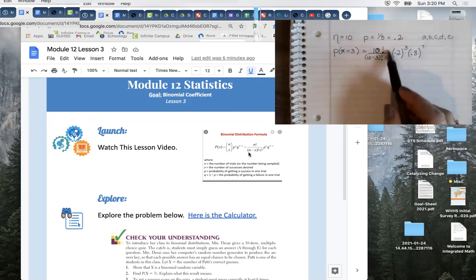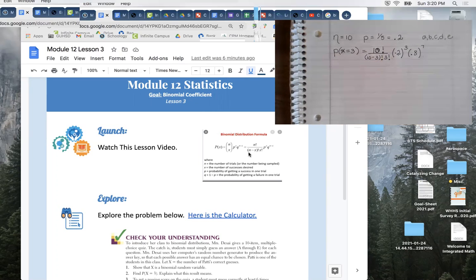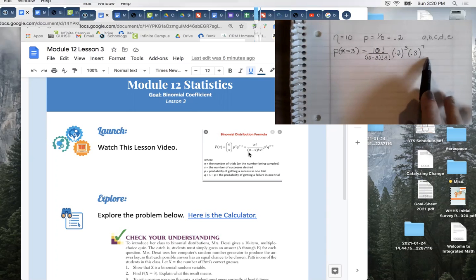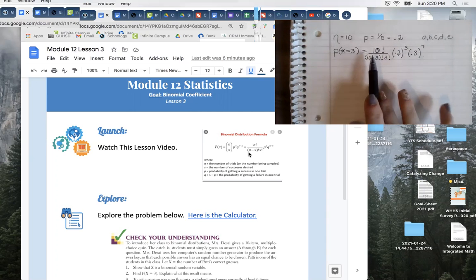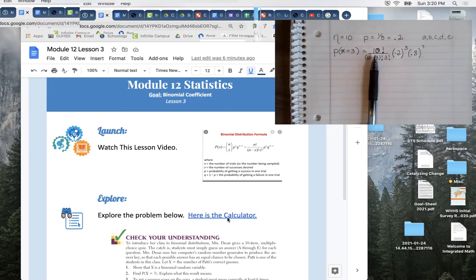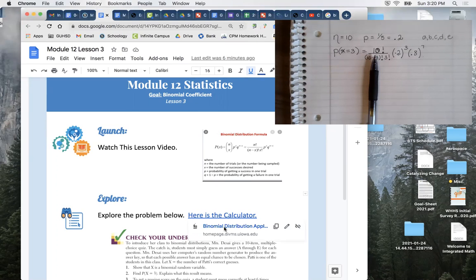This part is very intuitive, that makes sense, but this front part, known as the binomial coefficient, is a little bit more tricky to calculate. That's how you could do that, and you can put it in your calculator. Calculators often have this factorial button, and it's actually not that hard to calculate this, but it's a lot easier in the online calculator. So I'm going to show you how to do that, and we're going to do that exact problem.